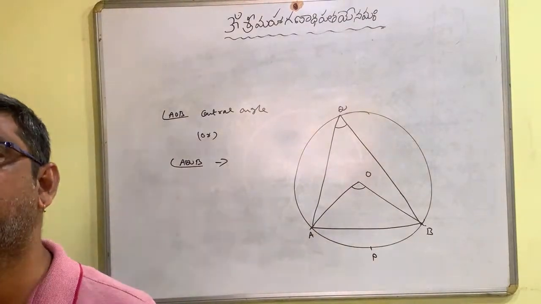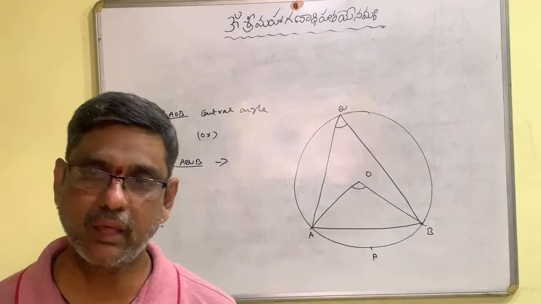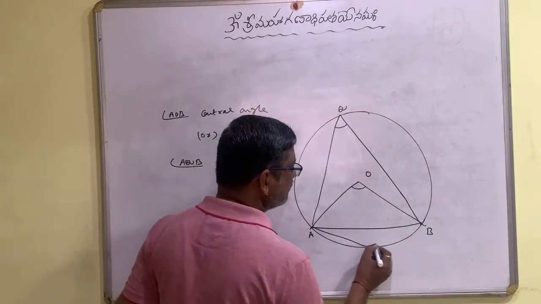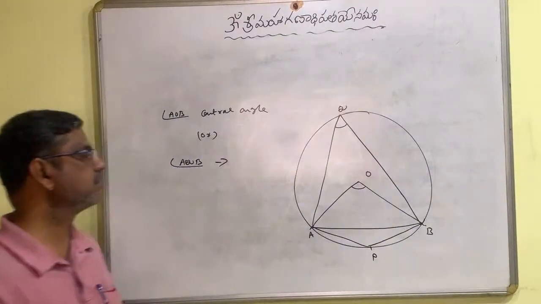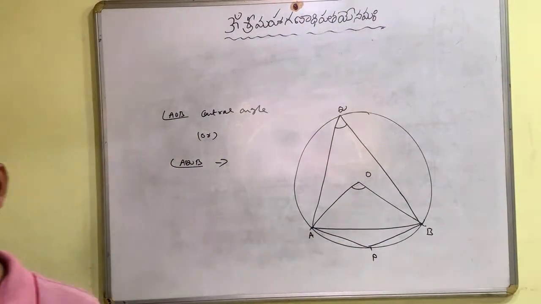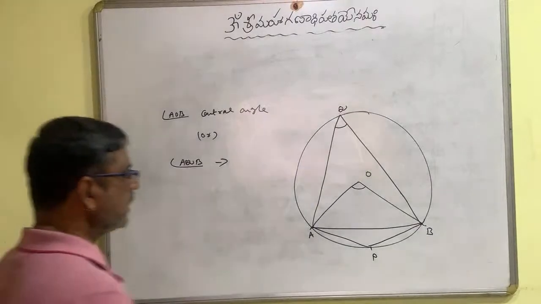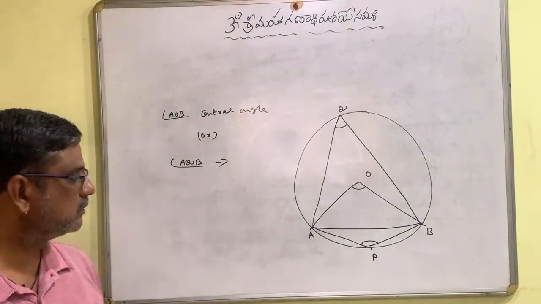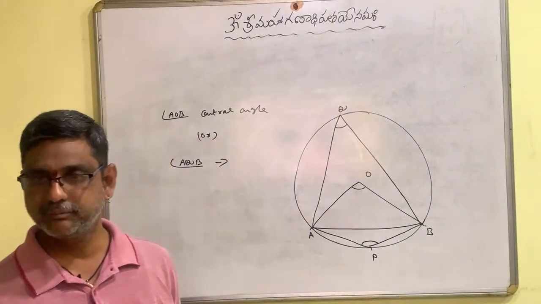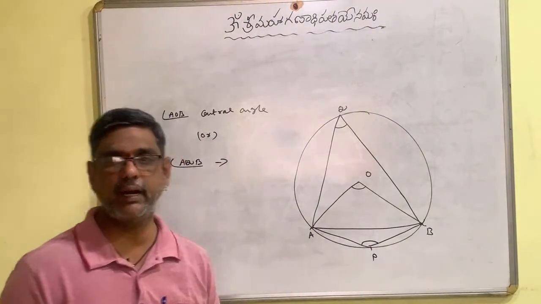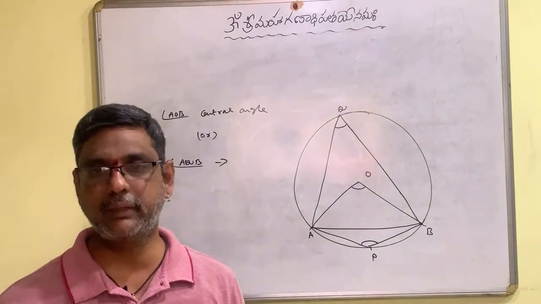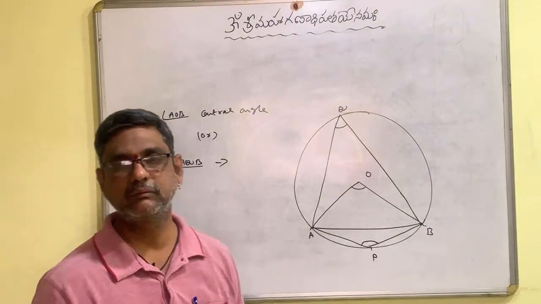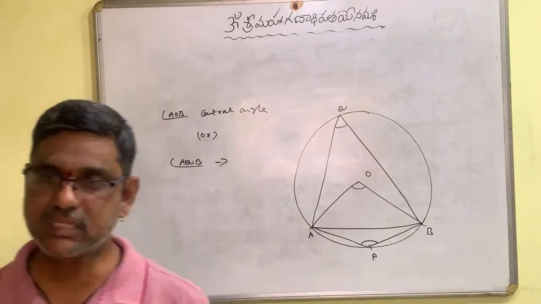And if I join PA and PB, here you can observe one more angle. So what do we call this angle? Angle subtended by chord AB at a point P on the circle.